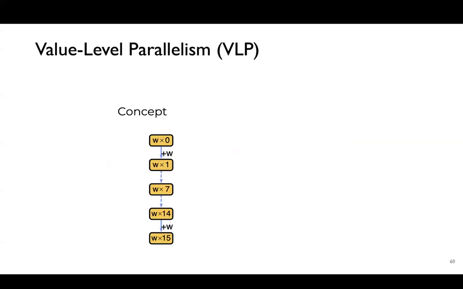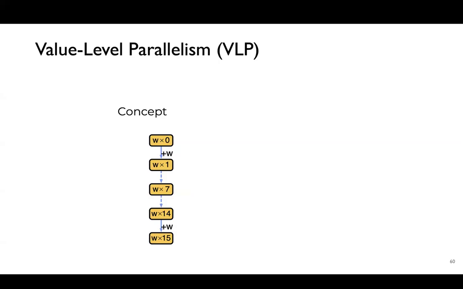So to bridge this efficiency gap, we identify an opportunity where multiple parallel inputs can reuse one computed output, regardless of their input values. We coined this paradigm value level parallelism, or VLP for short. We'll demonstrate this by continuing with our scalar vector multiplication example.